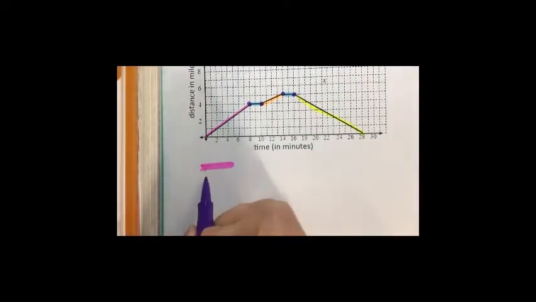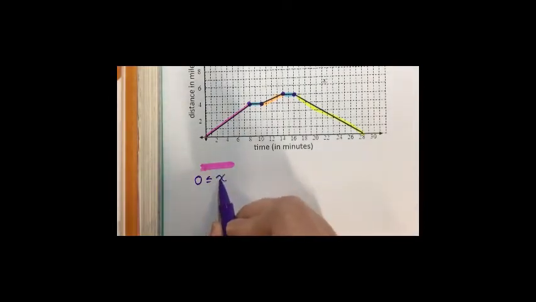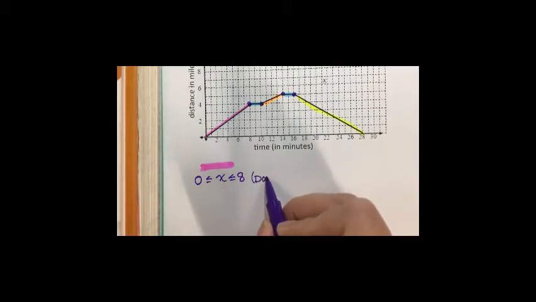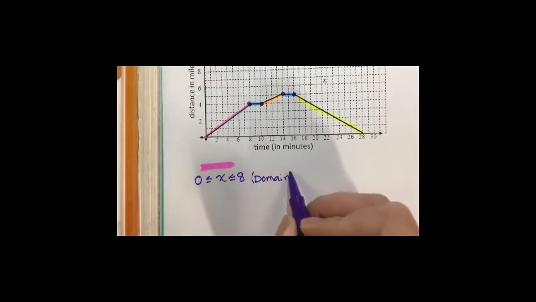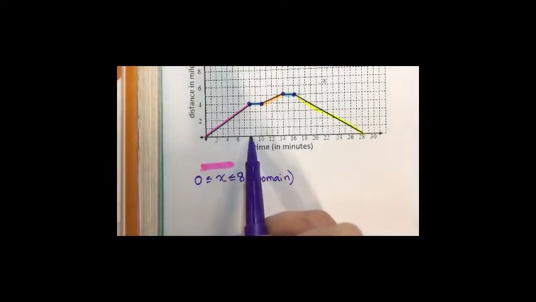So from time equals 0 to time, which is my x, up to and including minute number 8, she was traveling at 30 miles an hour. We're going to call this the domain, meaning what do my x's go between? Well, here you can see in the pink, my x's go between 0 and 8, and I'm going to include 0 and I'm going to include 8 in this one.